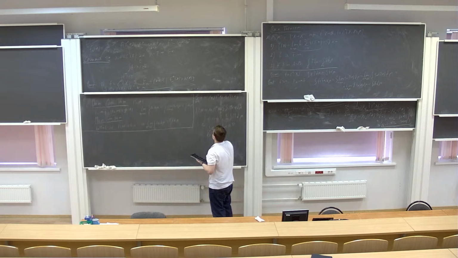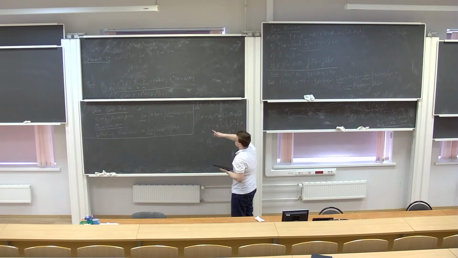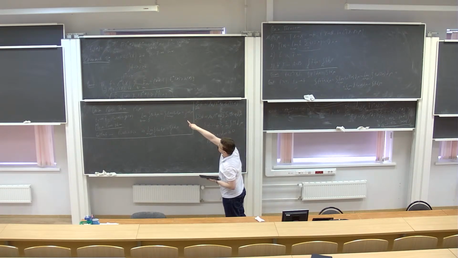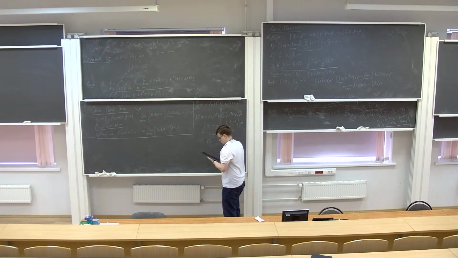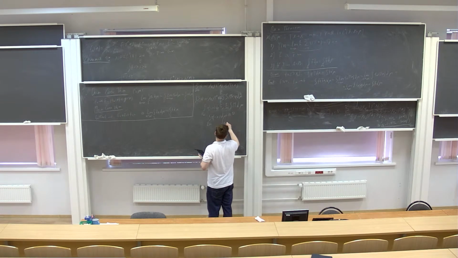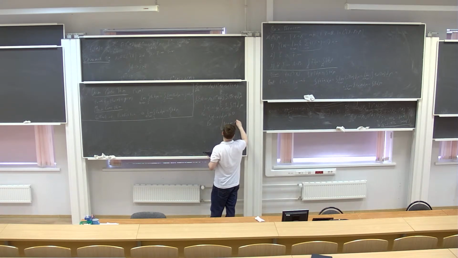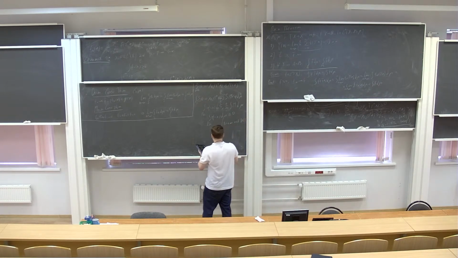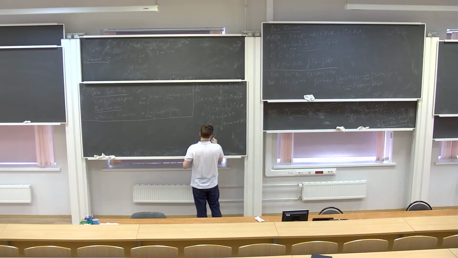But now this inequality is rather similar to the ones that we stated in our lemma. So what we're going to do is just take the limit as n goes to infinity and use the dominated convergence theorem to get exactly what we need.